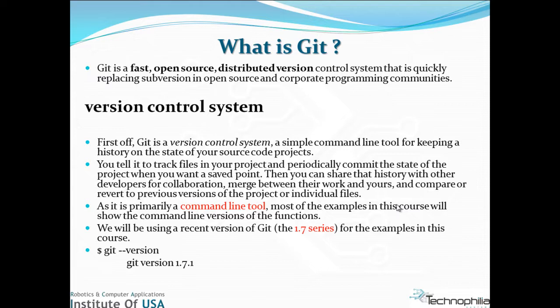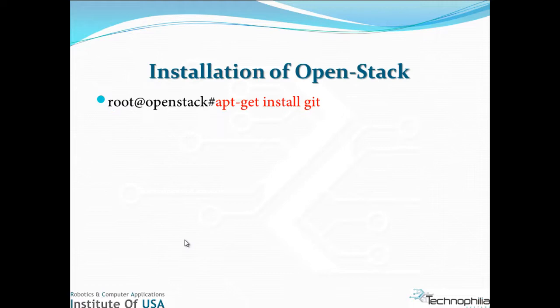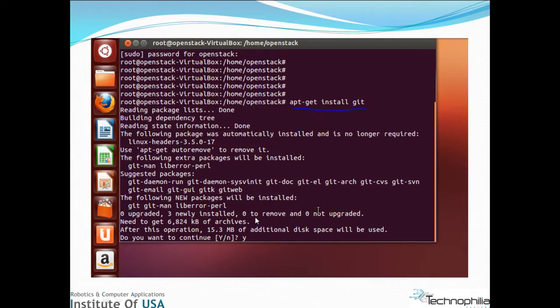We will be using a recent version of Git, that is the 1.7 series. To check the version installed on your machine, the command is git --version. Now to install Git, the command is apt-get install git. And then press Y to accept that yes, I want to download.